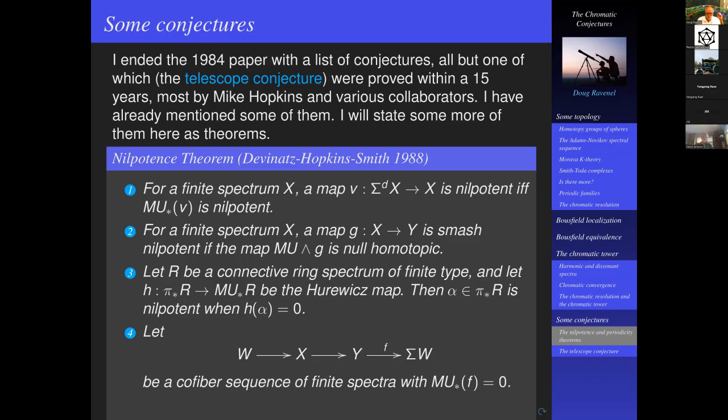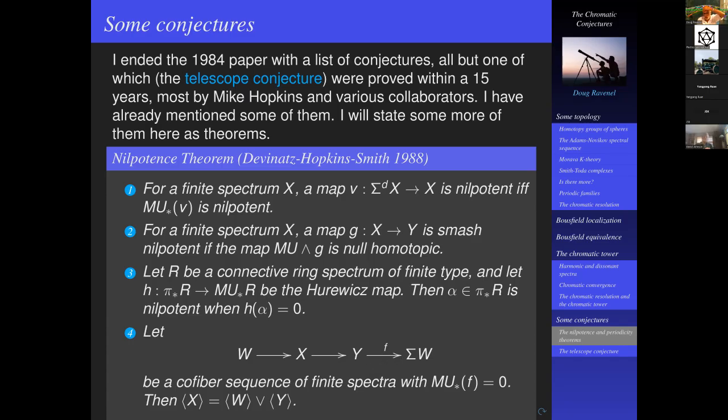And fourth, if you have a cofiber sequence where this last map is trivial in MU homology, then the Bousfield class of X is equal to that of the wedge of W and Y. In other words, the Bousfield class of X is what you would get if this map F was actually null homotopic.